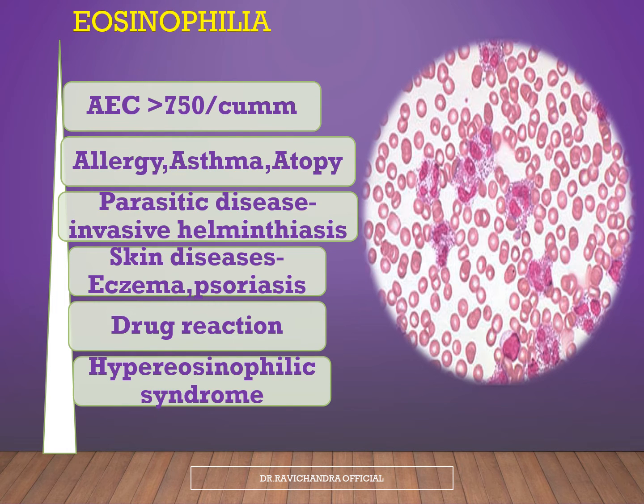Eosinophilia. It is called eosinophilia when the absolute eosinophil count is more than 750 cells per cubic mm. Normal range of AEC will be 40 to 440 cells per cubic mm. And the conditions are allergy, asthma, atopy, parasitic diseases, helminthiasis, skin diseases like eczema, psoriasis, drug reactions, hypereosinophilic syndrome.